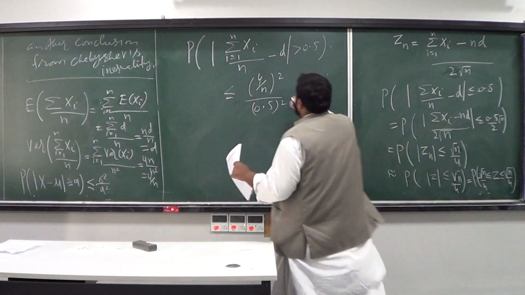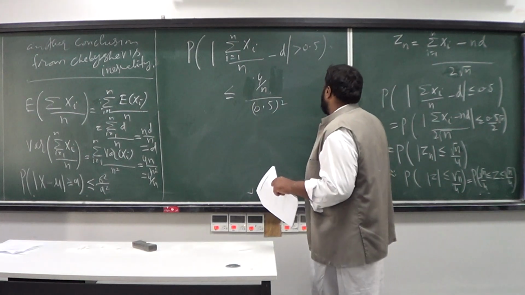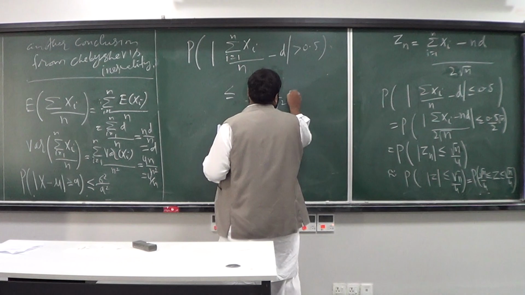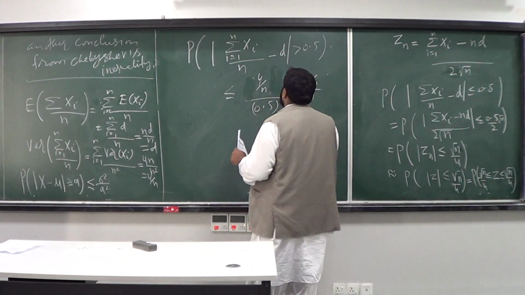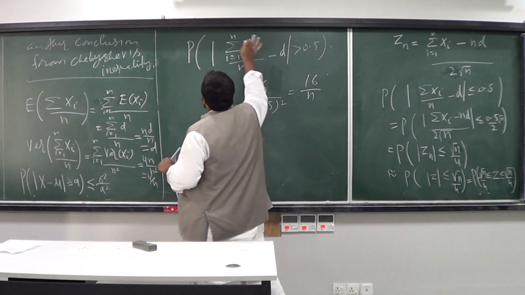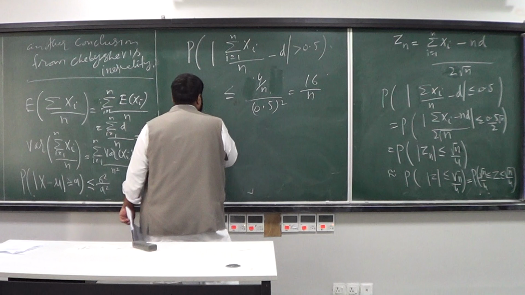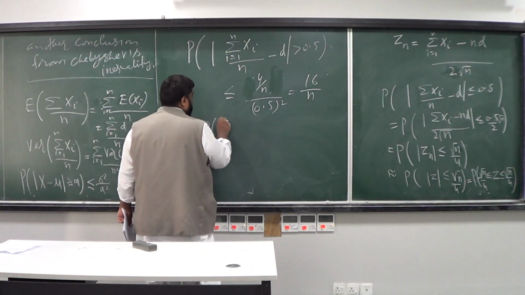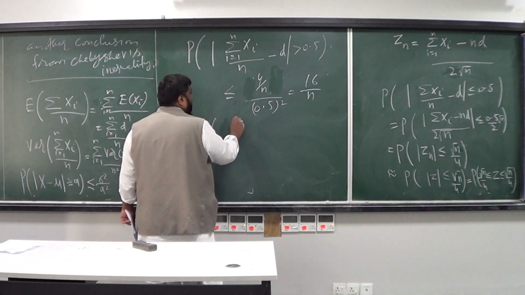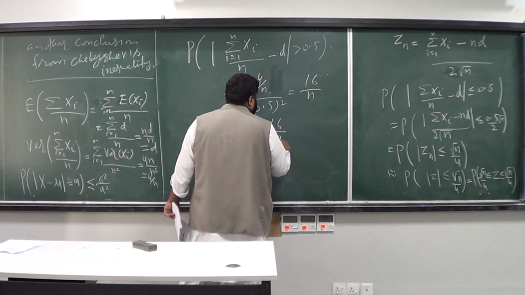No, this is not going to be square, this is simply 4 by n, over 0.5 square. So this is equal to 16 by n. Now, here's something interesting. You can say that this probability can be at most 16 by n.